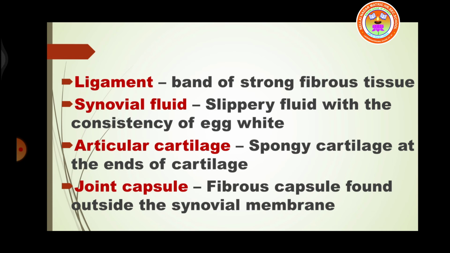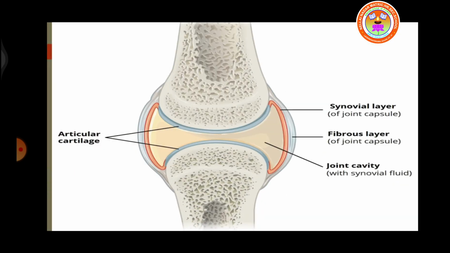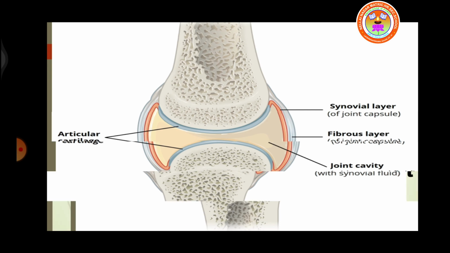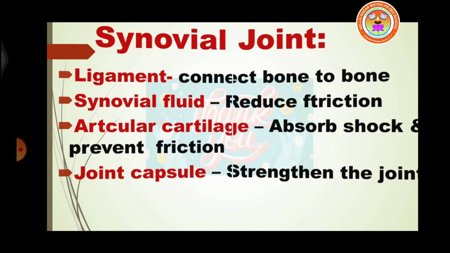The ligament is a band of tissue to connect bone to bone. Synovial fluid is a slippery fluid to reduce friction between articular cartilage. Articular cartilage is a spongy cartilage to absorb shock and to prevent friction.